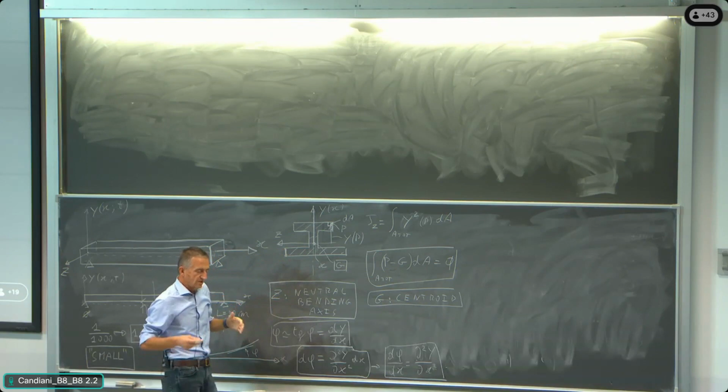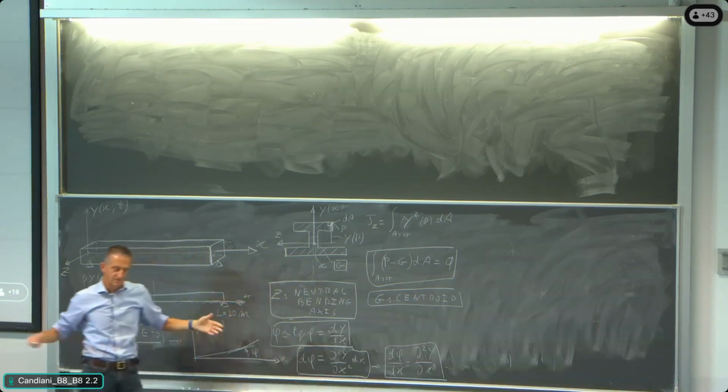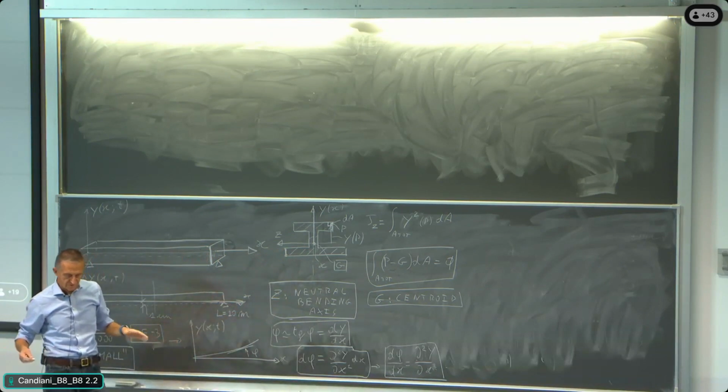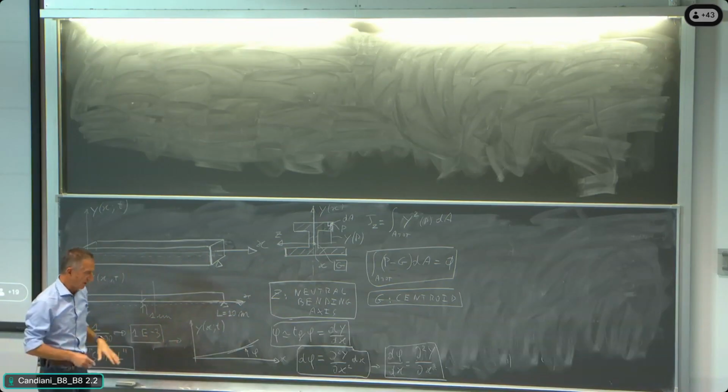Then we should say, what is a neutral bending axis of the beam? We don't go into those things because they do not belong to our course.